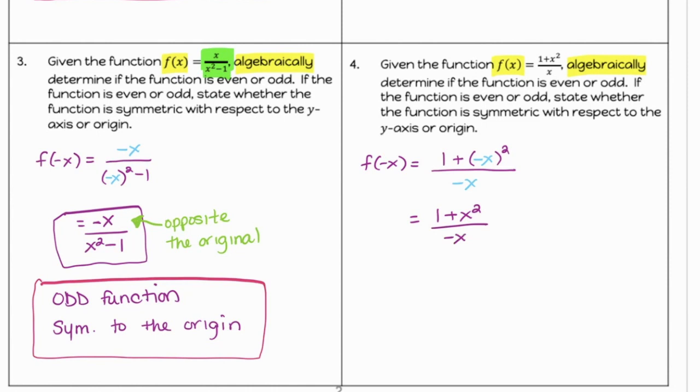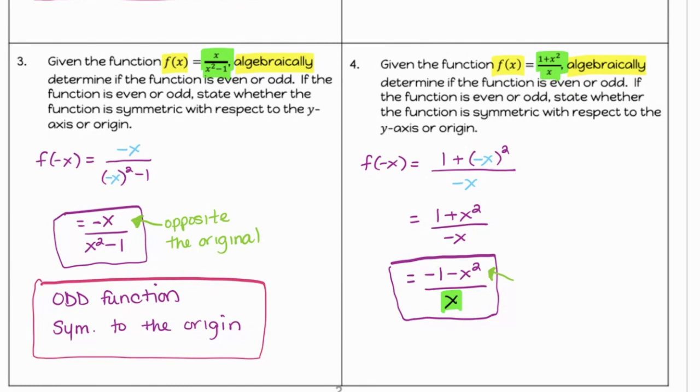Normally, when I have a negative in the denominator, we want to bring it to the top. That way the denominator is positive. We like positive denominators. And similar to the last problem, we do have the same denominator now, which is an x, which means all I'm going to be focused on is the top, the numerator. And I'm going to ask myself, is the numerator completely opposite the original numerator?